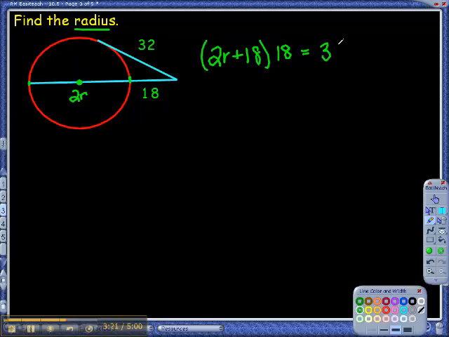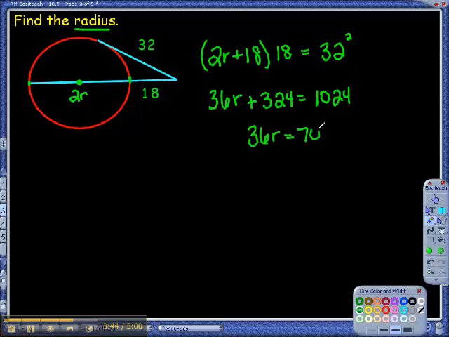So 32 times 32, or 32 squared. Well, as you're working through this, you'd find that we'd get a 36r plus our 324 is equal to 1,024. So when you subtract our 324 from both sides, 36r is equal to 700.